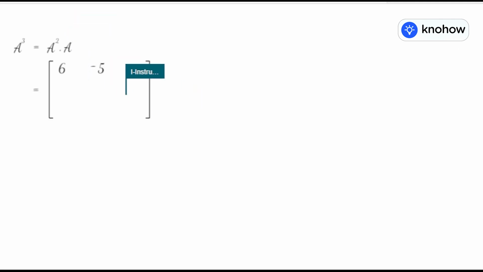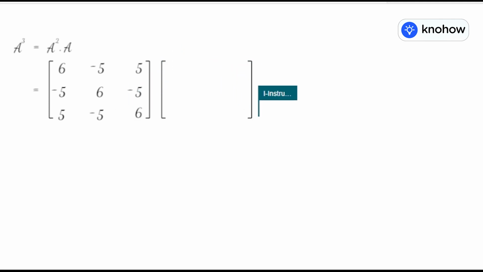Take it as A square into A. You have A square as 6 minus 5 5, minus 5 6 minus 5, 5 minus 5 6, multiplied with the given matrix A, which is defined as 2 minus 1 1, minus 1 2 minus 1, 1 minus 1 2. Multiply the two and you will get a matrix of order 3 by 3 again.